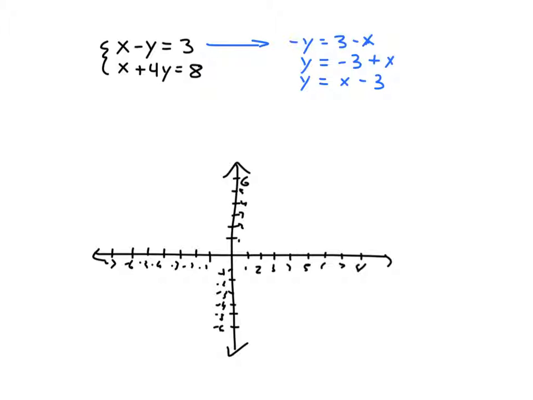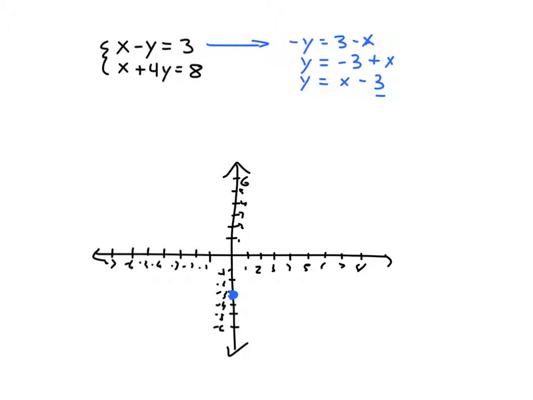Let's start plotting this one. I think I said x-intercept earlier. I meant y-intercept. Negative 3 is the y-intercept. So I'll go through the y-axis at negative 3. Then I'm going to rise 1, run 1, rise 1, run 1, because the slope is 1.